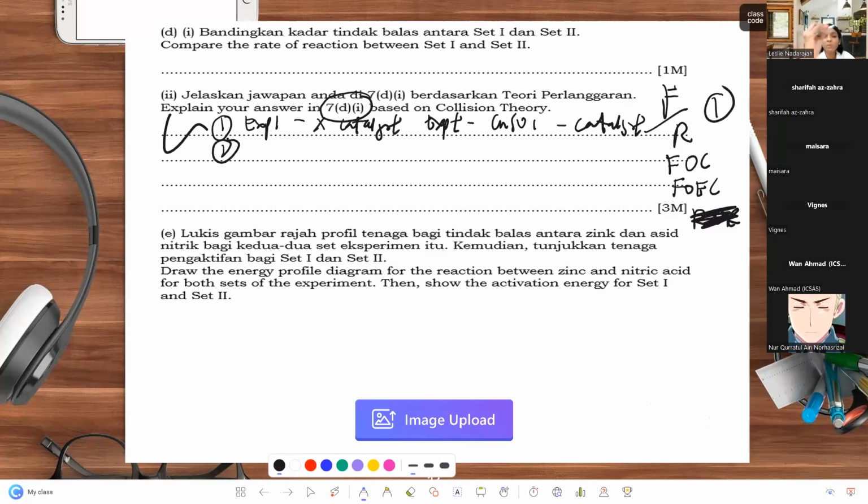Second mark. What is my second mark? What do you think you can put for your second mark here? What is the definition of a catalyst? Did I hear someone trying?